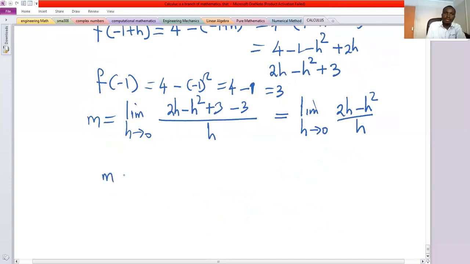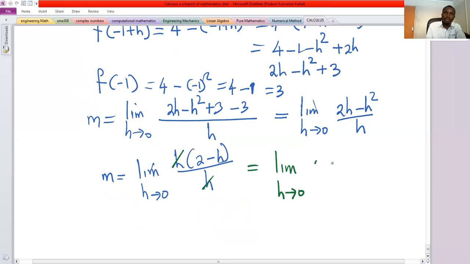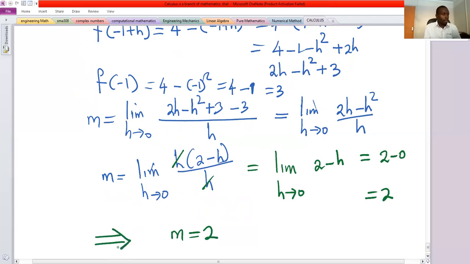Now you factorize, so we'll have the limit as h approaches 0 of h times 2 minus h, divided by h, and this h now cancels out. So we'll have the limit as h approaches 0 of 2 minus h. Direct substitution gives us 2 minus 0, and m is 2. So that is the value of the slope of that given graph.